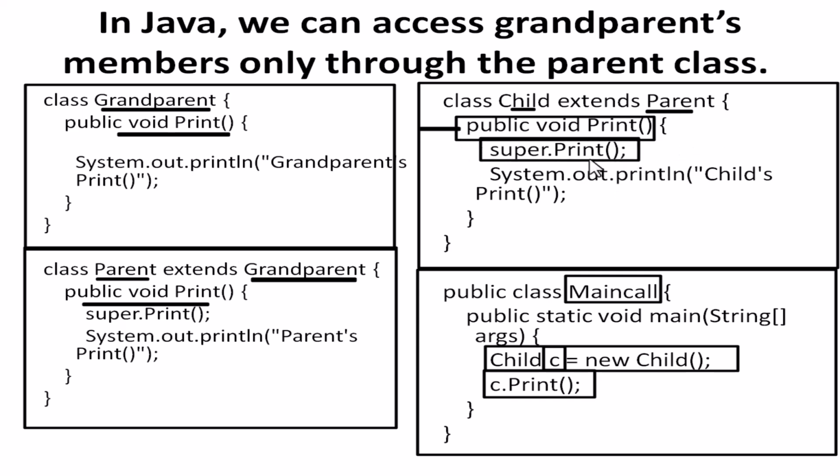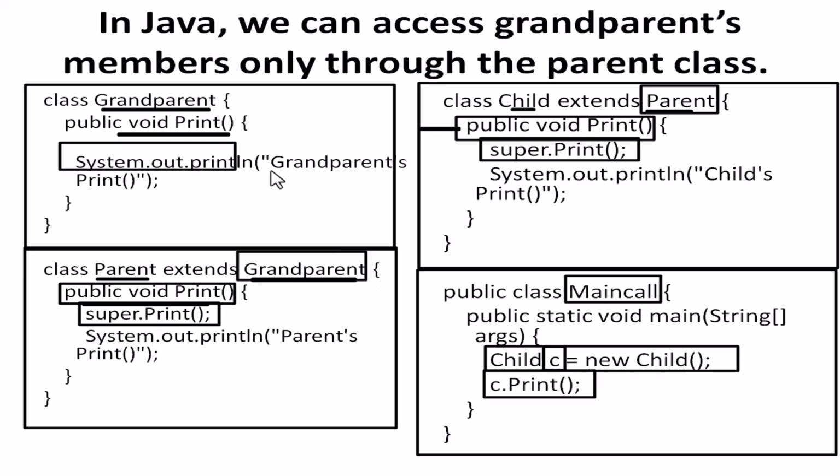So super.print is the parent class print method. Parent class print method, it is going to invoke this method. Within this method, again you are going to call super.print. Its superclass is grandparent. So in this, it is going to print the value grandparent.